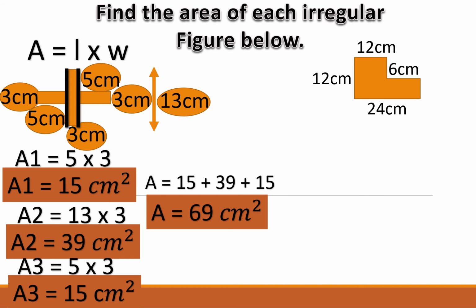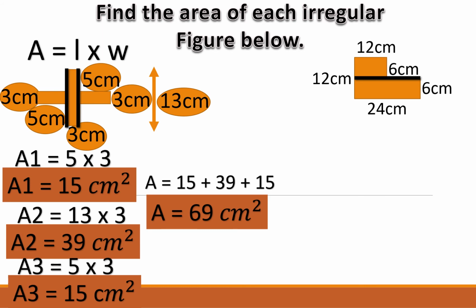Okay, while in number 2, the second figure, I will rather cut this one horizontally. So the whole width here is equal to 12 centimeter. And the length of the smaller width is 6 centimeter.